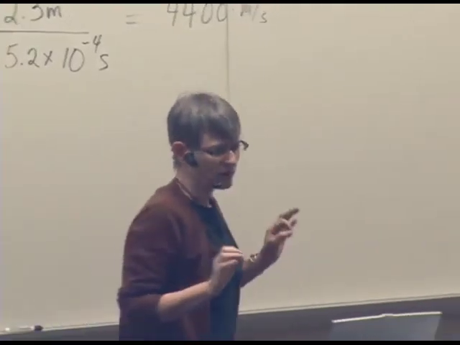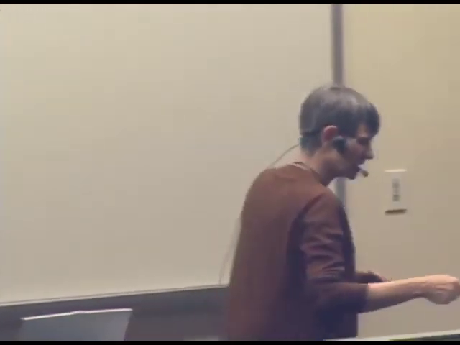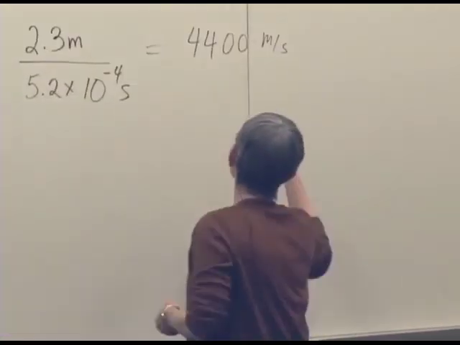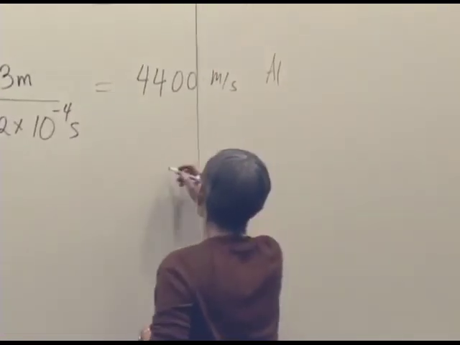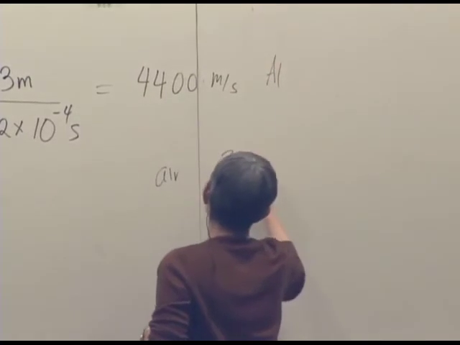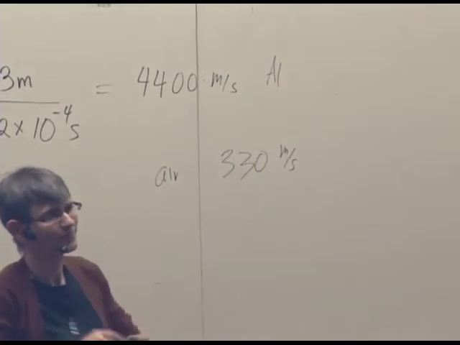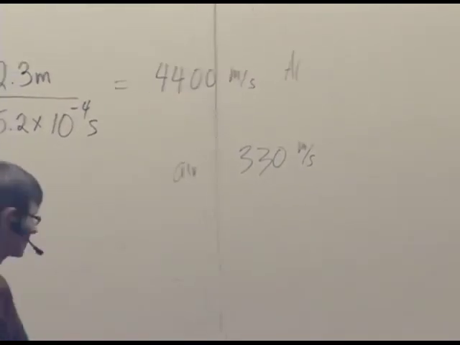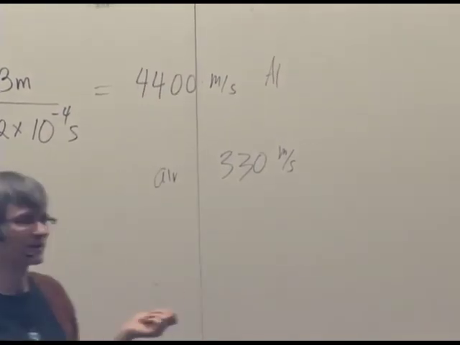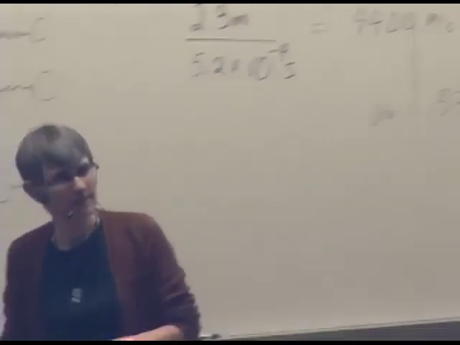So you may have wondered how we know that the signal reaching the microphone is really going through the bar and not through the air. The answer is, of course, it does travel through the air, but the speed of sound in air is about 330 meters per second, so it takes a lot longer for the sound to get to the microphone through the air. So the first thing we detect is indeed the sound going through the bar.